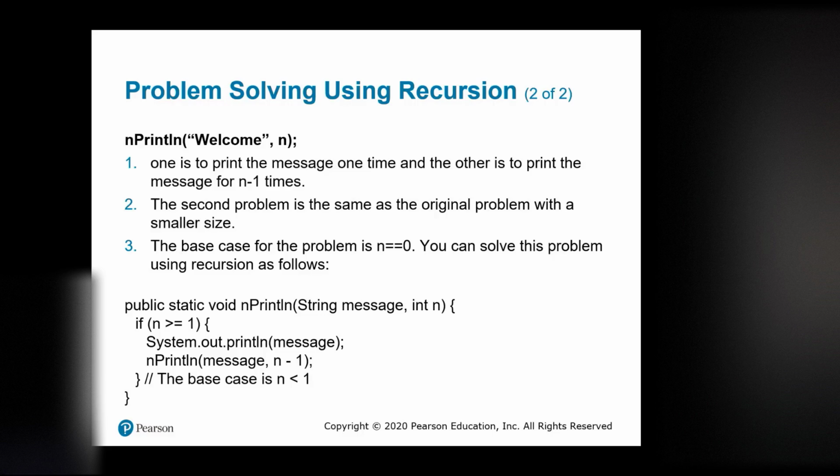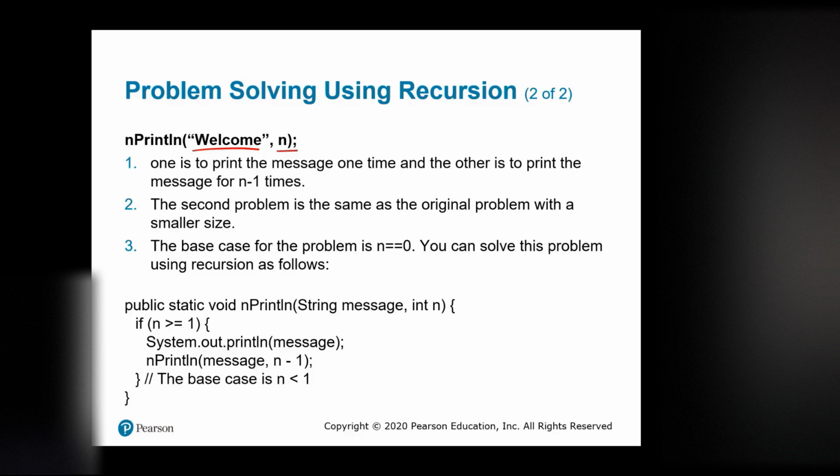So here is another program which they have implemented using recursion. This is a program which is asking us to print welcome n number of times. Again, in the iterative approach, what will we do?